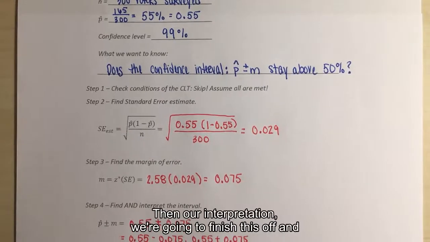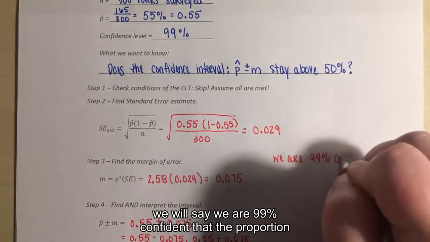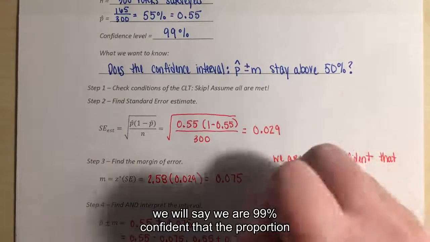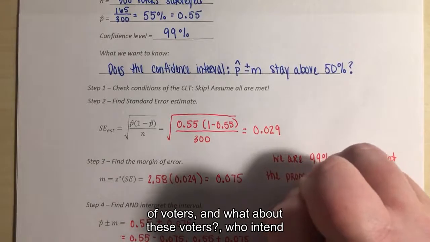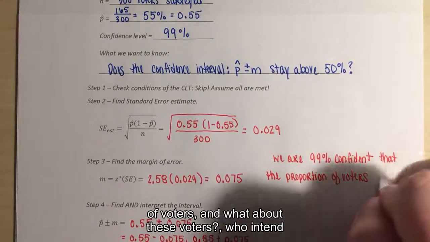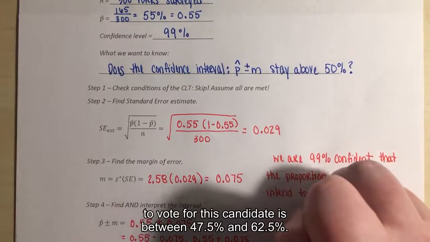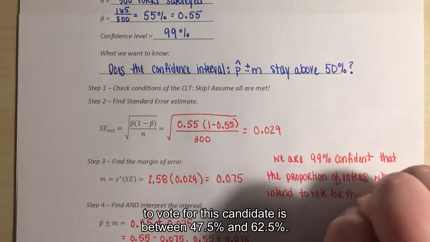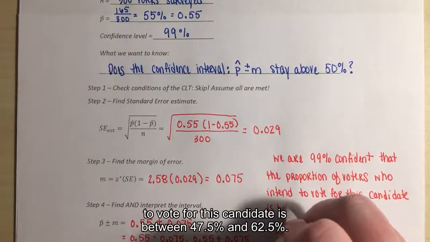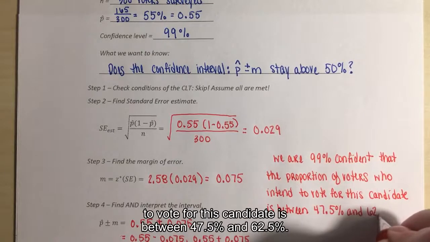Right, so then our interpretation, we're going to finish this off and we will say we are 99% confident that the proportion of voters who intend to vote for this candidate is between 47.5% and 62.5%.